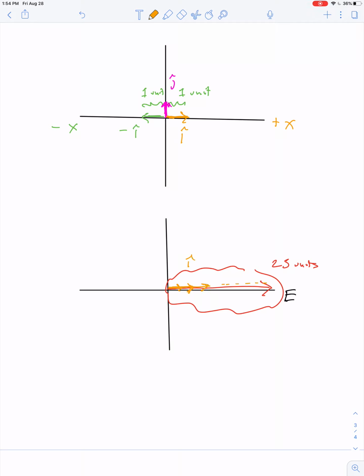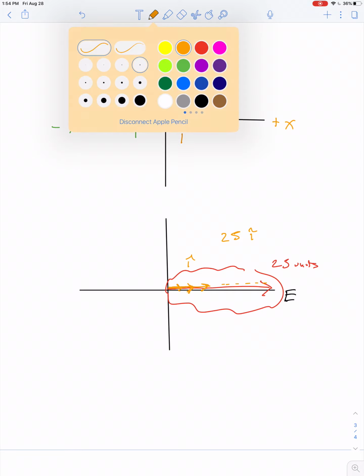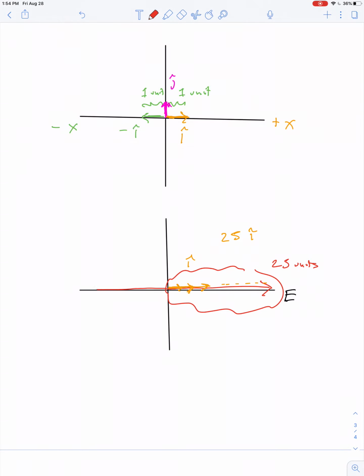And so this vector could just be stated as 25 multiplied by i hat. And in the same regard, if I were to drive at 25 meters per second due west, then I'd string together 25 negative i hats. So negative 25 times i hat.